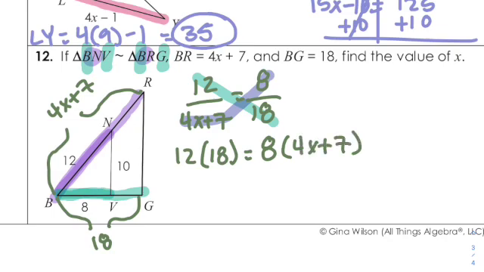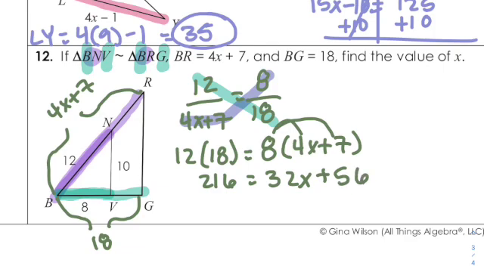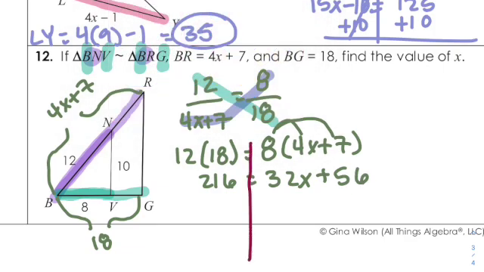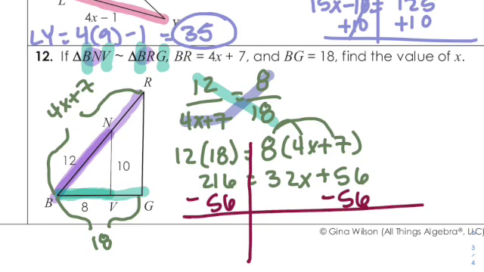12 times 18 is 216. 8 times 4x is 32x. 8 times 7 is 56. Then we start solving for x. So we'll subtract 56 from both sides because the x was already on the right.